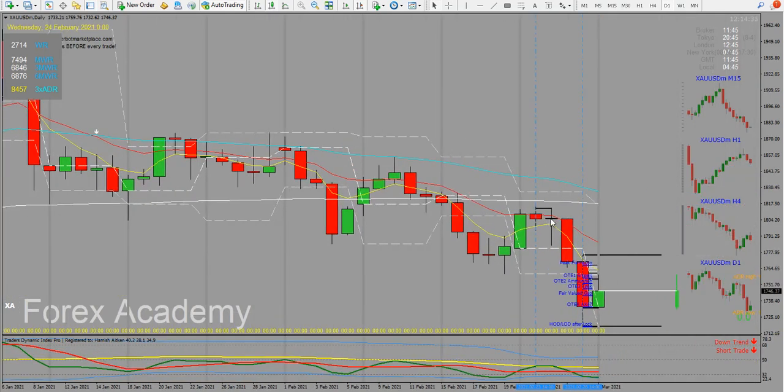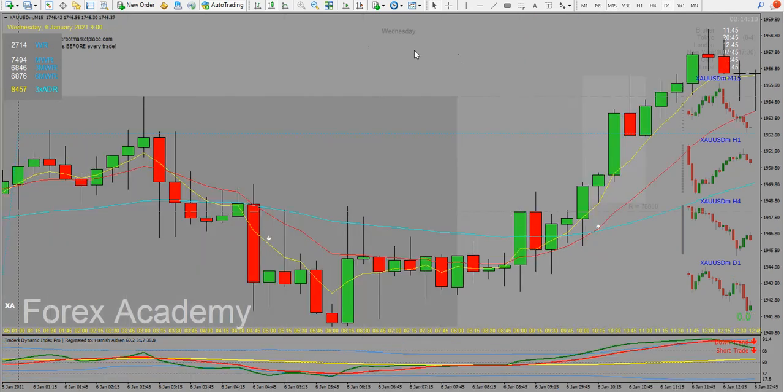We have identified this one, then it was Monday, Tuesday that we identified. Now we look for the Wednesday high and Wednesday's low. Here is the low of Wednesday. Now what do we look for?